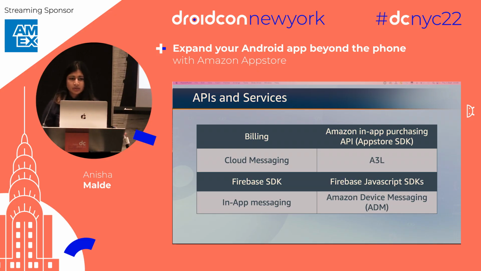For cloud messaging, we have our A3L SDK, which not only supports Amazon device messaging, but also supports Firebase cloud messaging. So you can have one SDK do both. And for our specific in-app messaging, you can use ADM. A3L is an abstraction library. There are our own libraries you can use to really easily port your app from whatever app store you're using, with the same kind of services you may be used to.